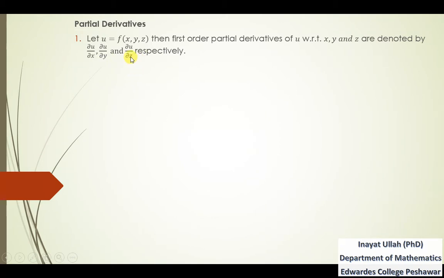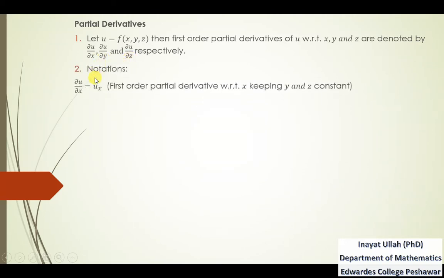These notations have already been studied in the previous lecture, and now just come to this notation. We can denote del u del x by ux. This x is the suffix or subscript of u, so it means that it is the first order partial derivative of u with respect to x.